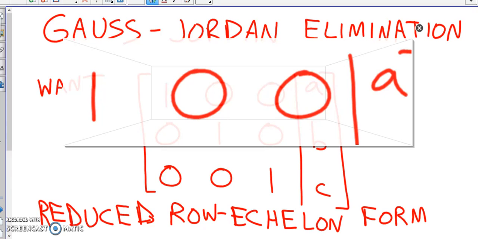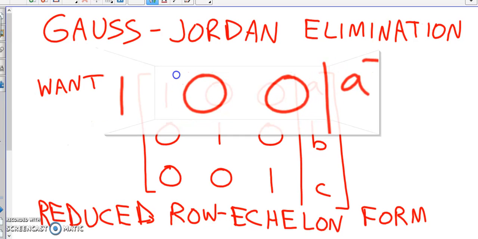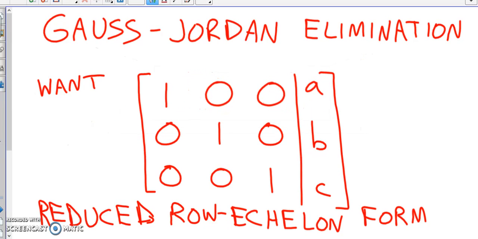So you can immediately tell what x is based on the matrix. Similarly, you can do the same thing for y and the same thing for z. So once you've got this form, you've got your solution. There aren't any equations to mess with.